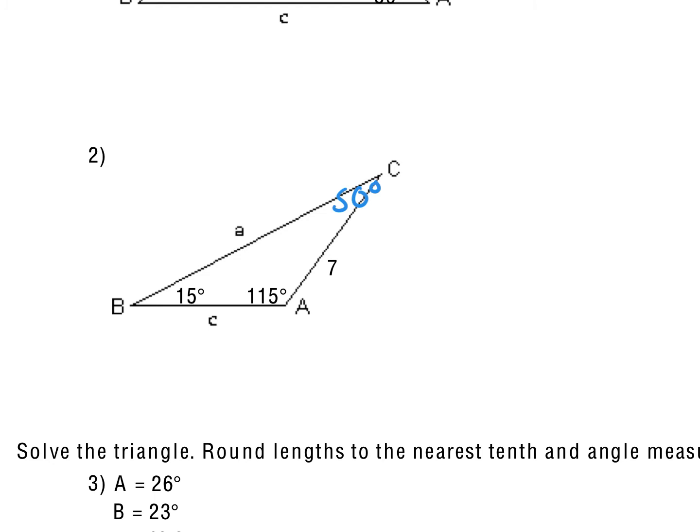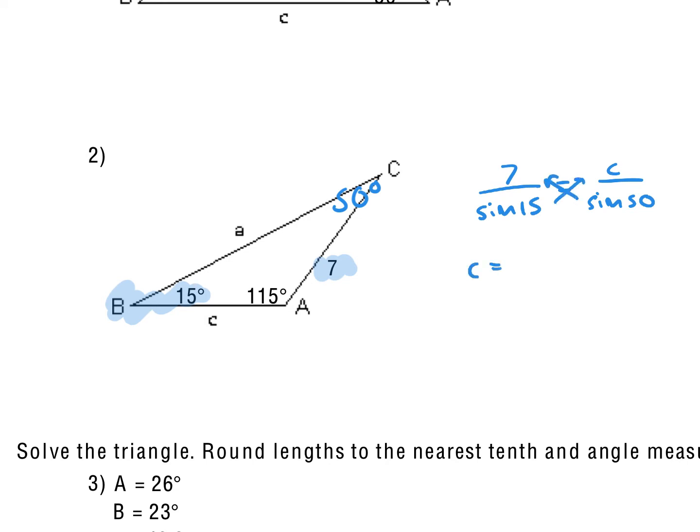So we have a corresponding pair of B's. So we have angle B and side B. So we're going to use both of those and law of sines. So 7 over sine of 15 is equal to, since we're finding side C, it'll be C over sine of 50. Cross multiply.